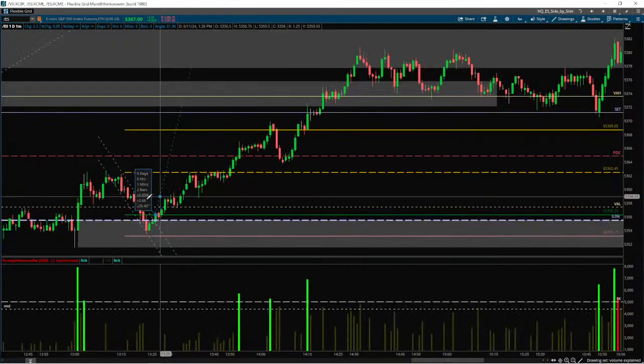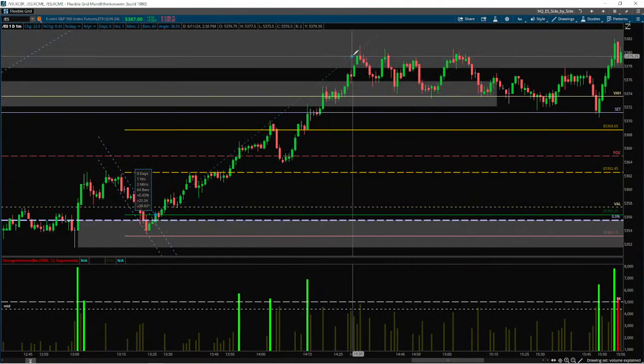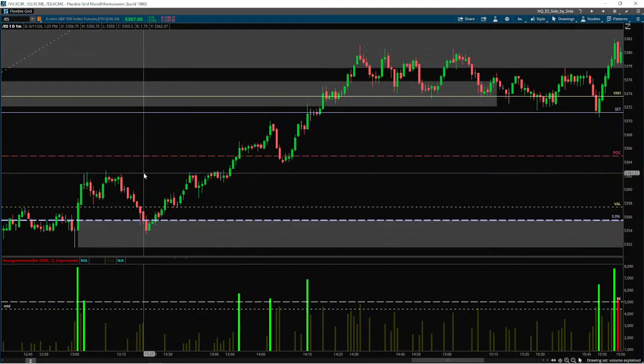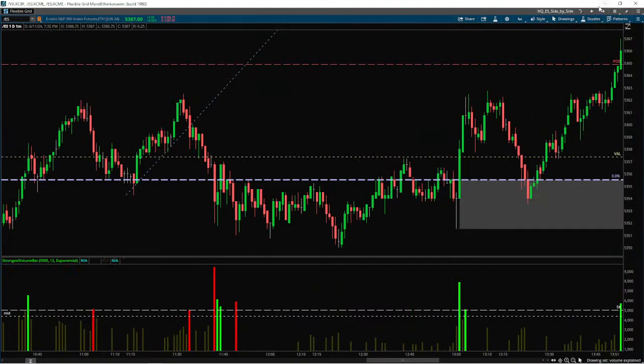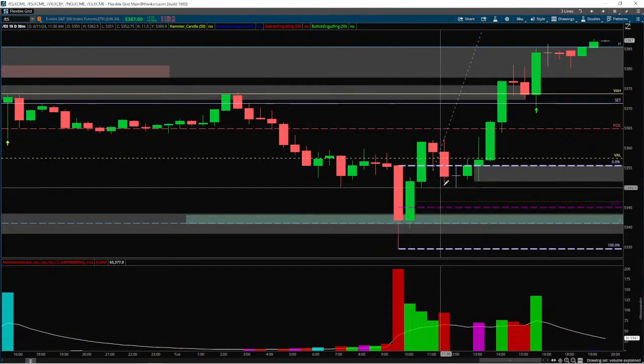So we did have some nice setups. No, two. We had two setups. One, maybe three, if I was able to catch that pullback here. But I didn't have anything here to really catch my attention.